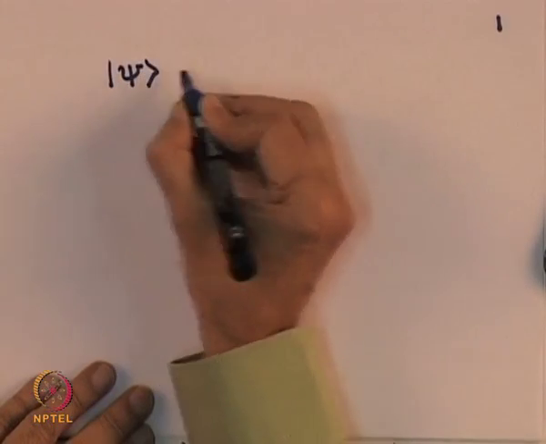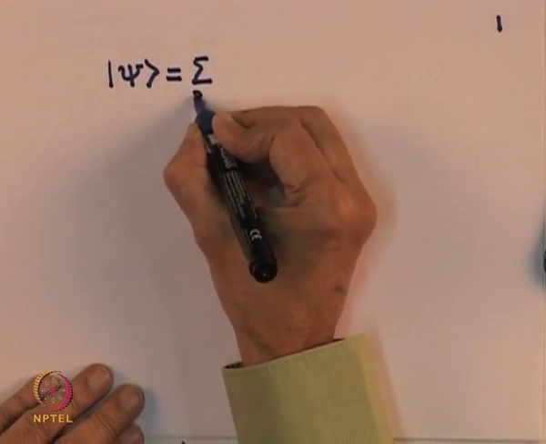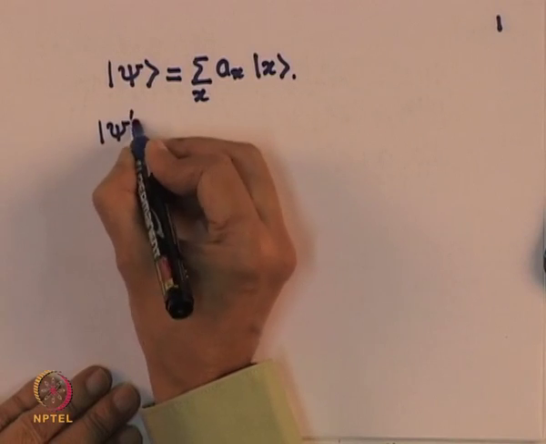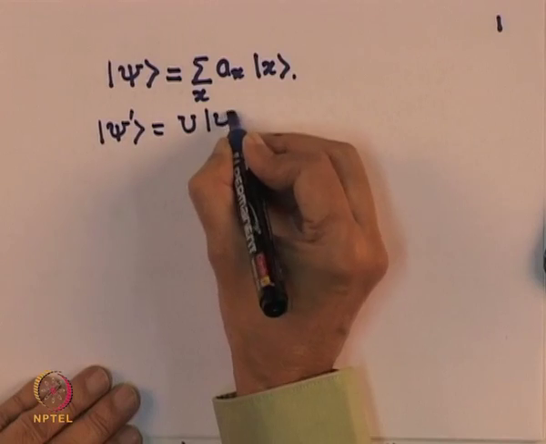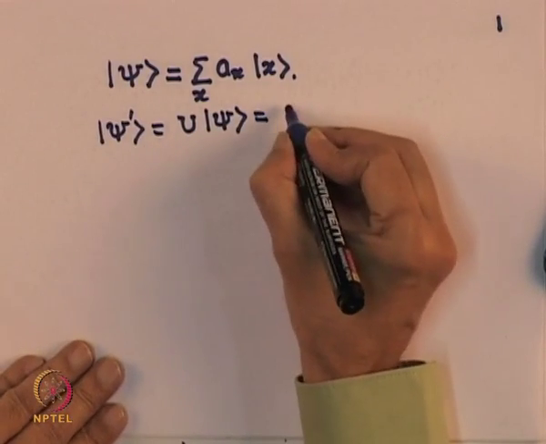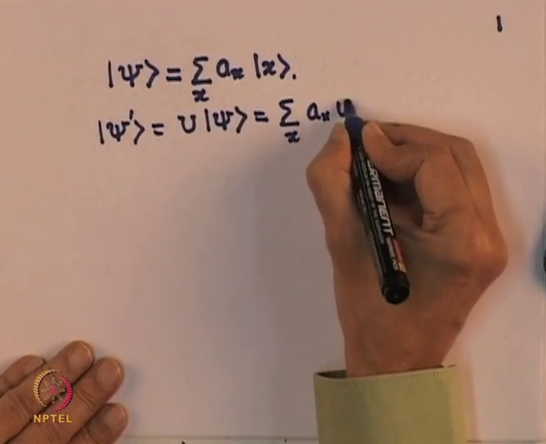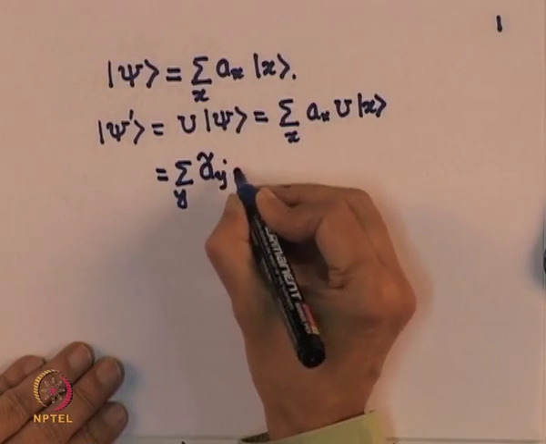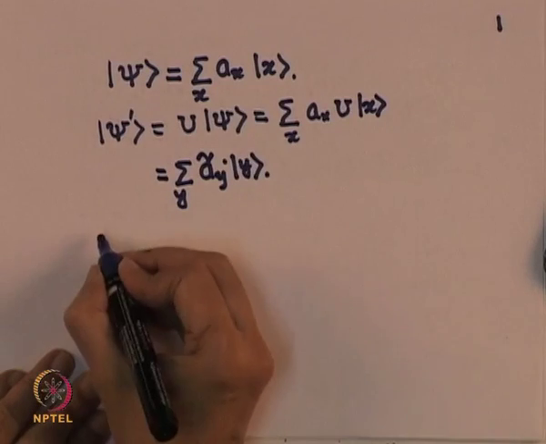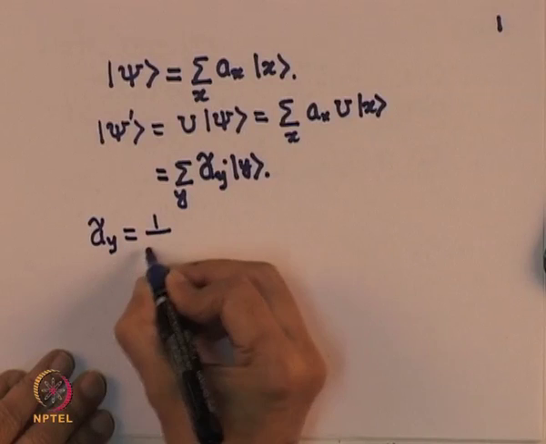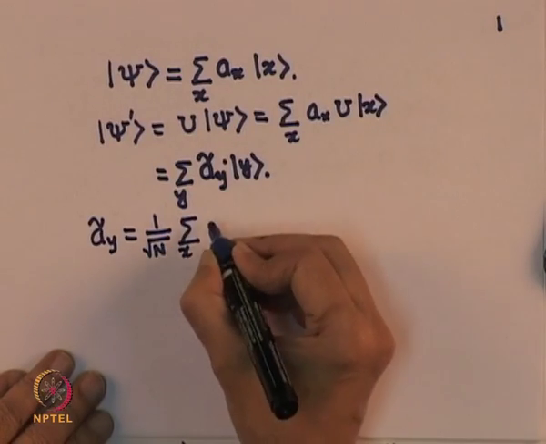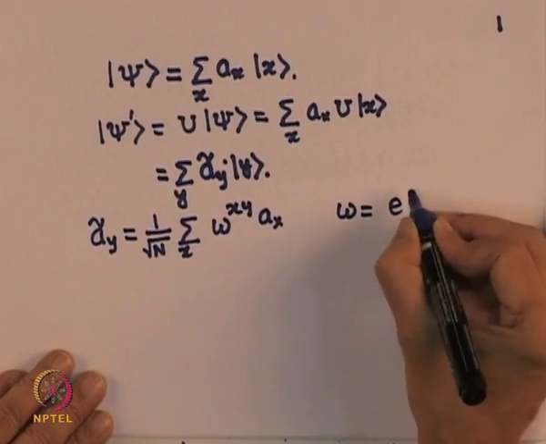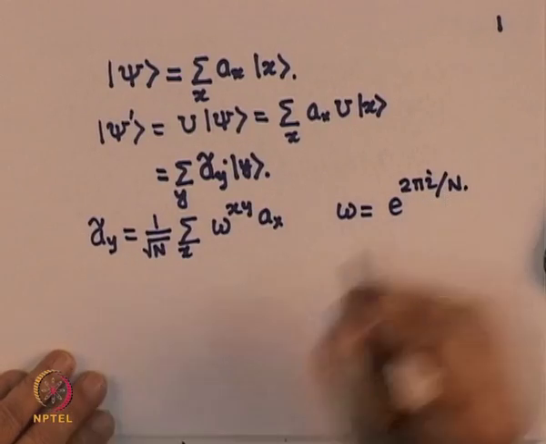I had an arbitrary state psi in the computational basis, sum over x, a_x, |x>, and we said that my psi prime is operator U acting on psi, which gives me by linearity sum over x, a_x, U|x>, and that's equal to sum over y of a_y tilde |y>, where a_y tilde is 1 over square root of N sum over x omega to the power xy a_x, where omega is the Nth root of unity.